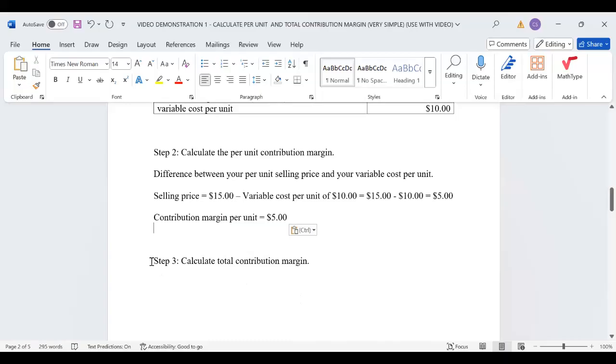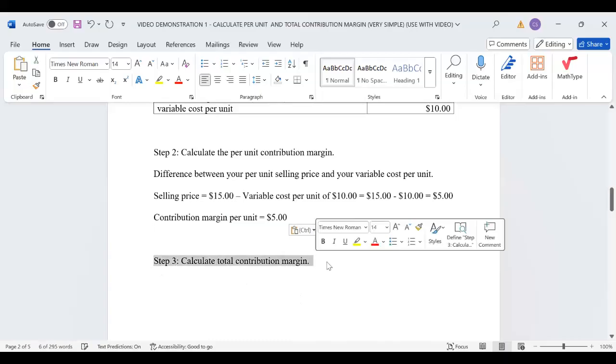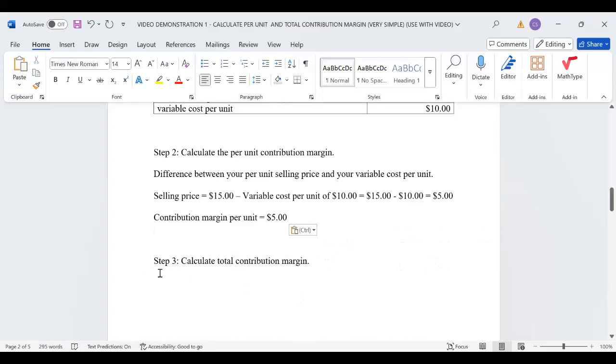Step three is calculate total contribution margin. Total contribution margin is contribution margin per unit times number of units sold.